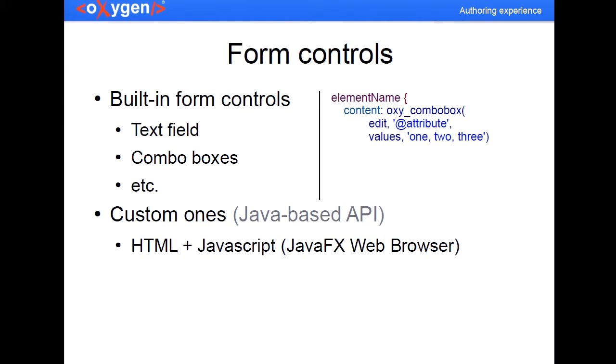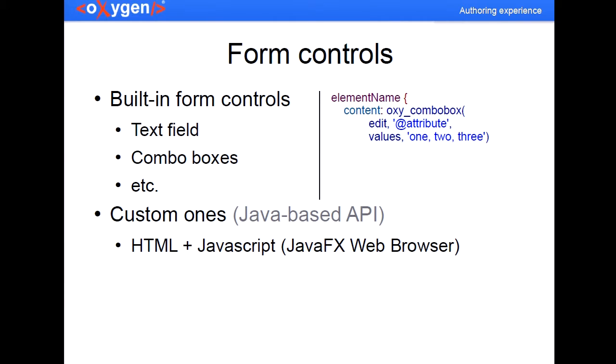To use them in the CSS content property, you have to use these predefined extension functions. We have one such function for each form control. And we also have the possibility to create custom ones. If these built-in form controls are not enough, you can always create custom ones.